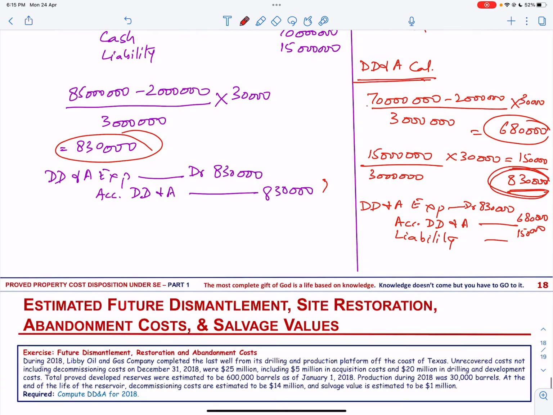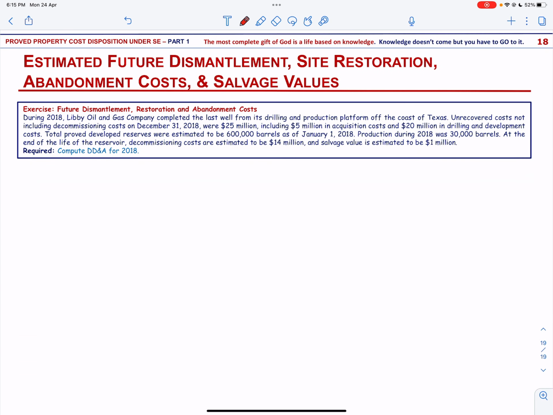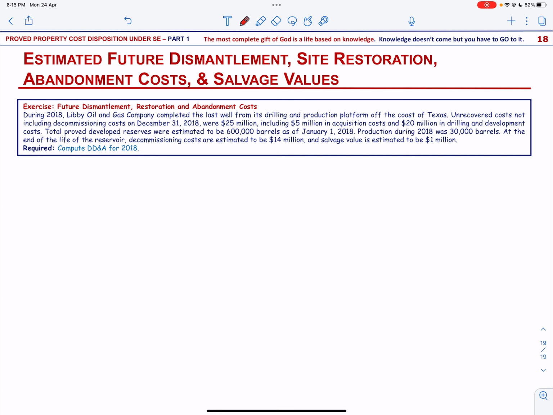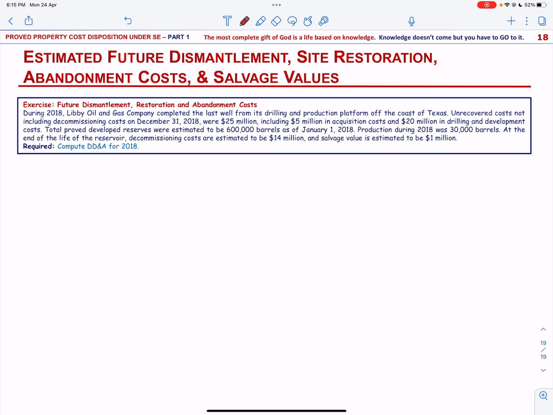Let us solve one more exercise on future dismantlement, restoration, and abandonment cost. Now, during 2018, Libby Oil and Gas Company completed the last well from its drilling and production platform off the coast of Texas. Unrecovered cost, not including decommissioning cost on December 31, were 25 million.